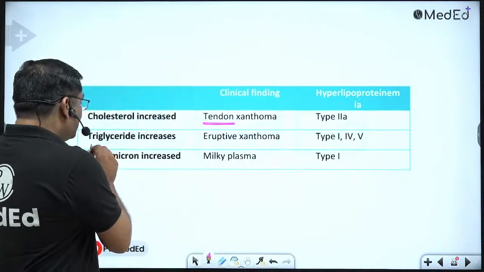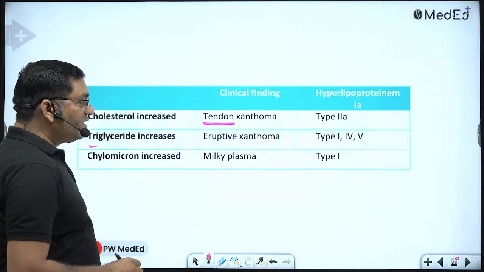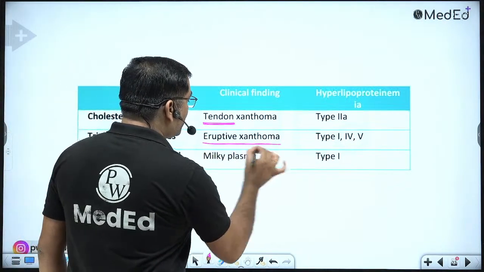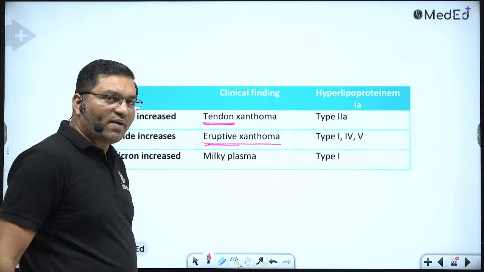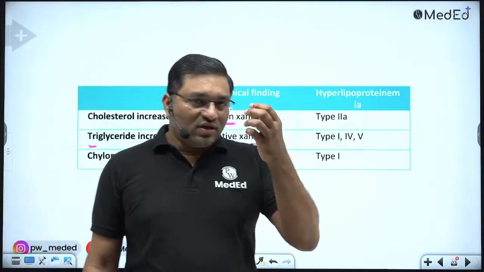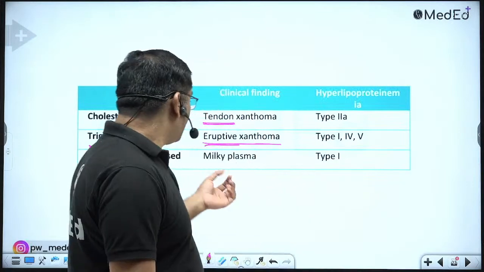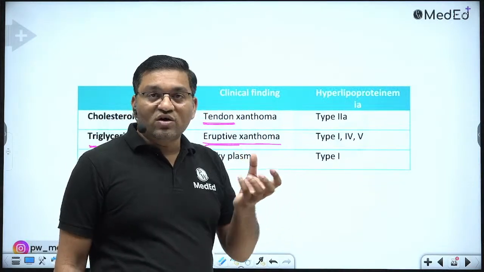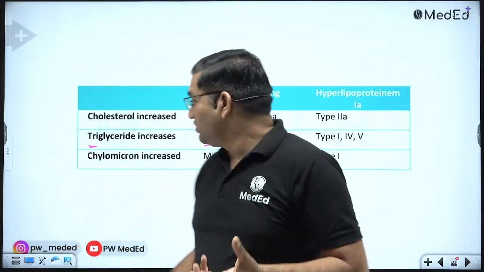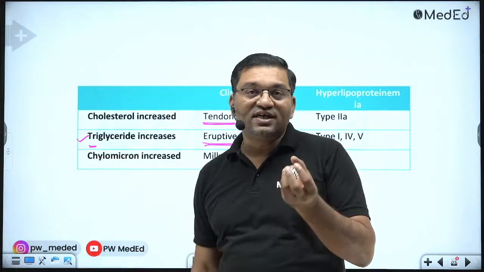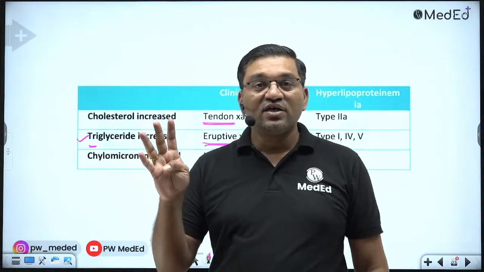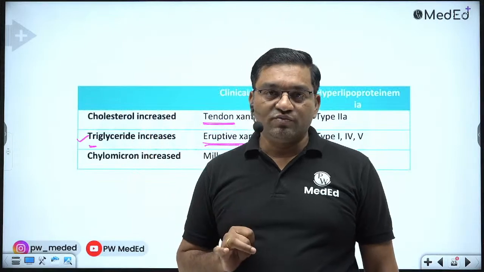Whenever there is an increase in the triglyceride level, it causes eruptive xanthomas, the papular lesions around the inner canthus of the eye, like that. The eruptive xanthomas occur when there is an increase in the TG, and triglyceride level increases in type 1, type 4 and type 5.